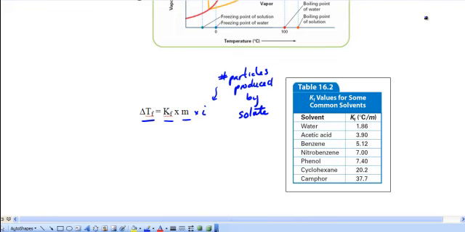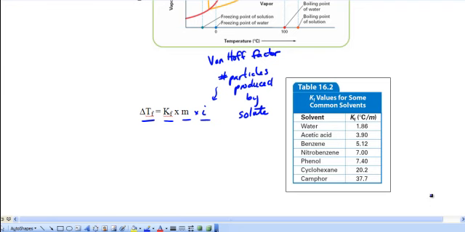So when you add a solute that dissociates into a number of particles, you have to actually count up all the particles. The Van't Hoff factor is going to tell you approximately how many particles are being produced by the solute.